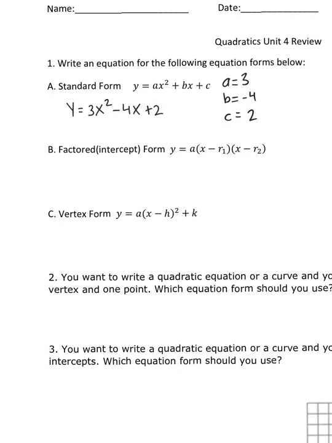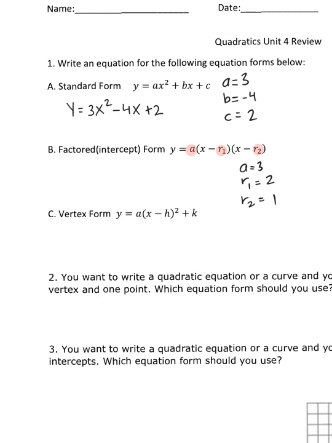For a factored form, I'm going to keep the same A value of 3. I'm going to make R1 equal to 2. And let's say R2 is equal to 1. You are going to go through and replace those values in your equation. So you're going to replace A, R1, and R2.